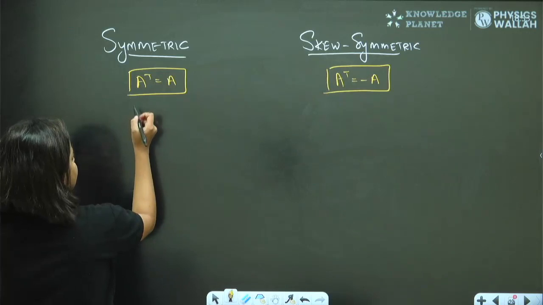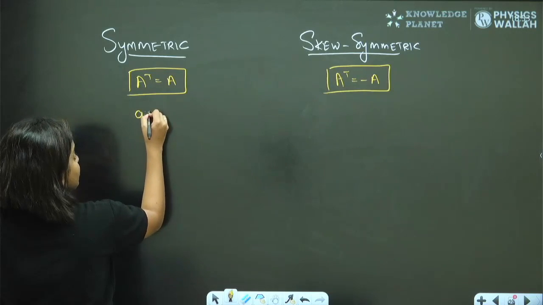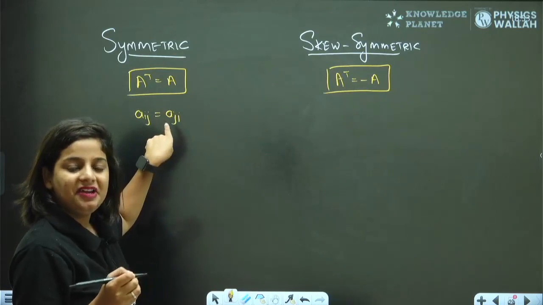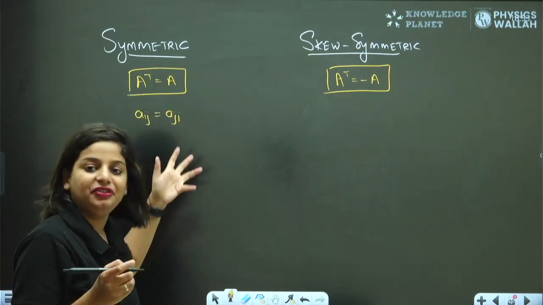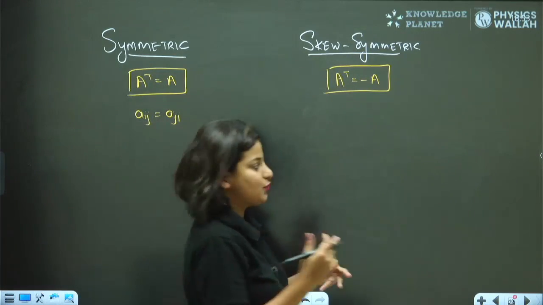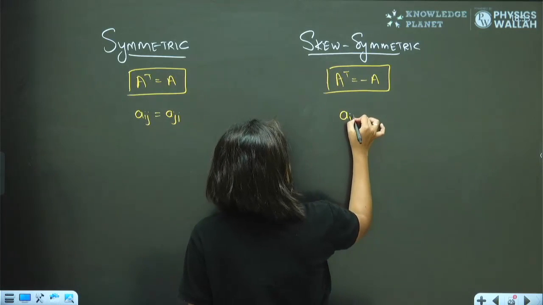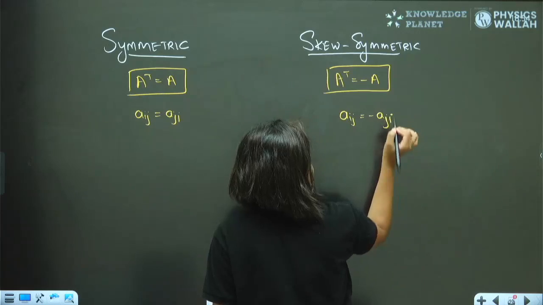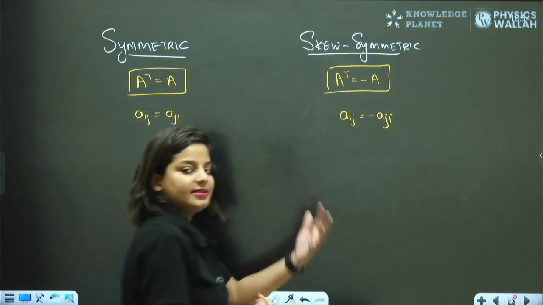To get into the detail, when Aij is equal to Aji, that is when A12 is equal to A21, A13 is equal to A31, and so on. Here a minus sign comes. When Aij is equal to minus of Aji, you say it's skew symmetric.